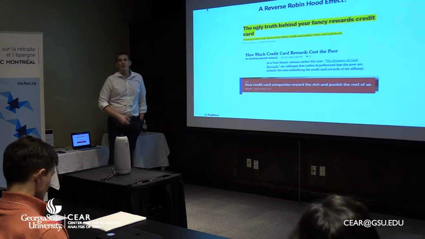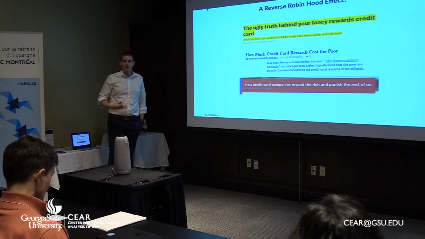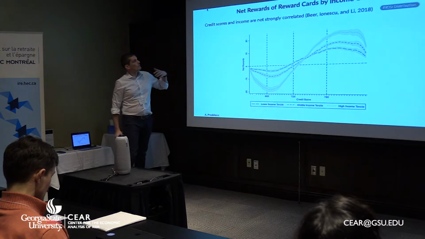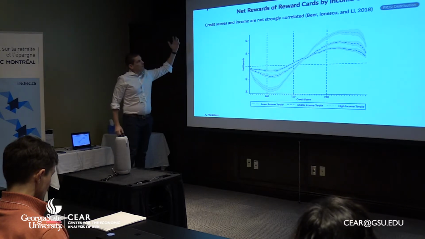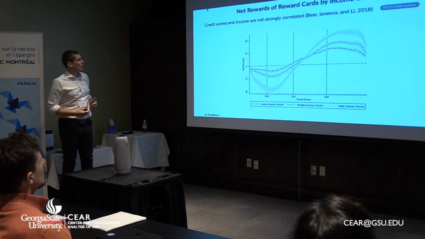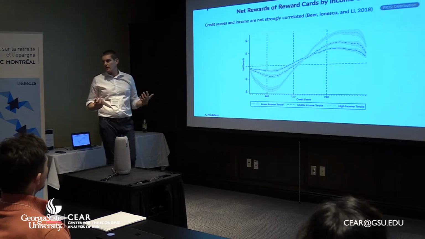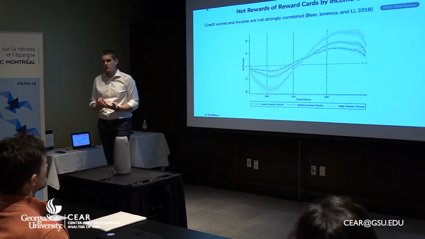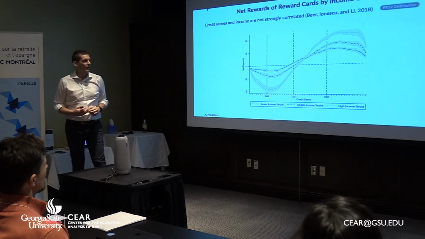So what we argue in the paper is this is not the correct way of thinking about that, and how we do that. First of all, there is evidence, and there is a paper by colleagues at the board showing that credit score and income are clearly correlated, but they're not strongly correlated. It's not one-on-one matching. There's a lot of variation between income and FICO score.